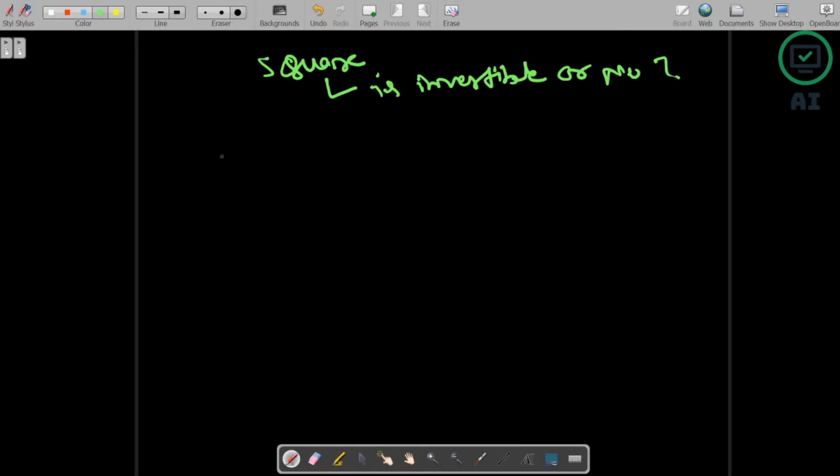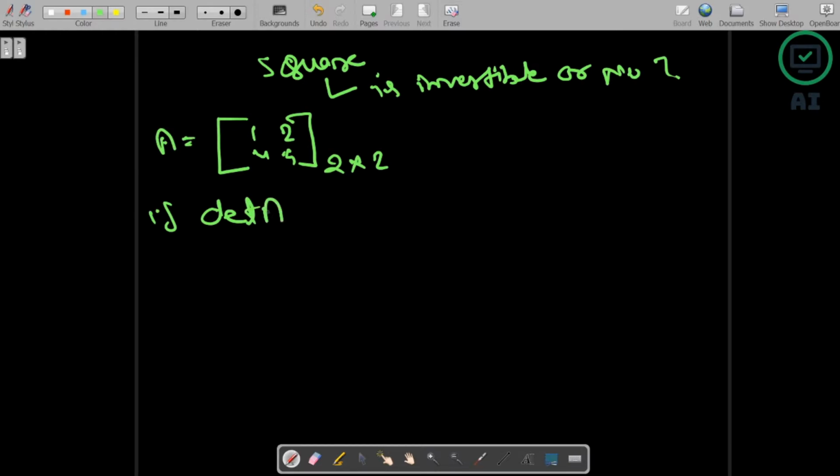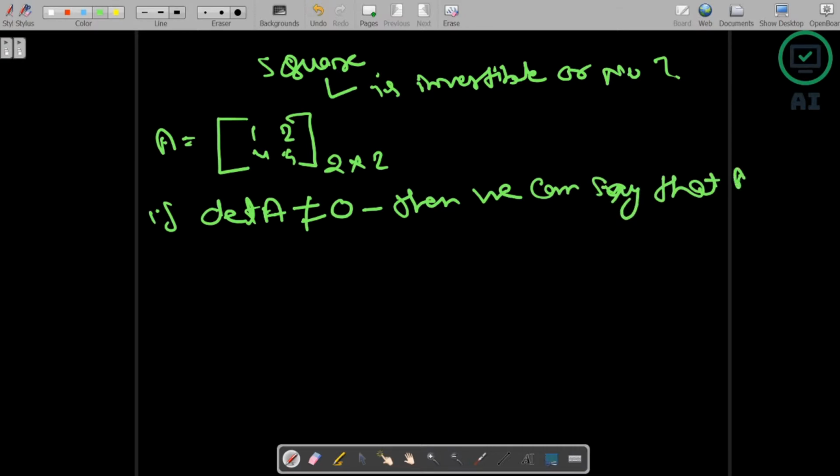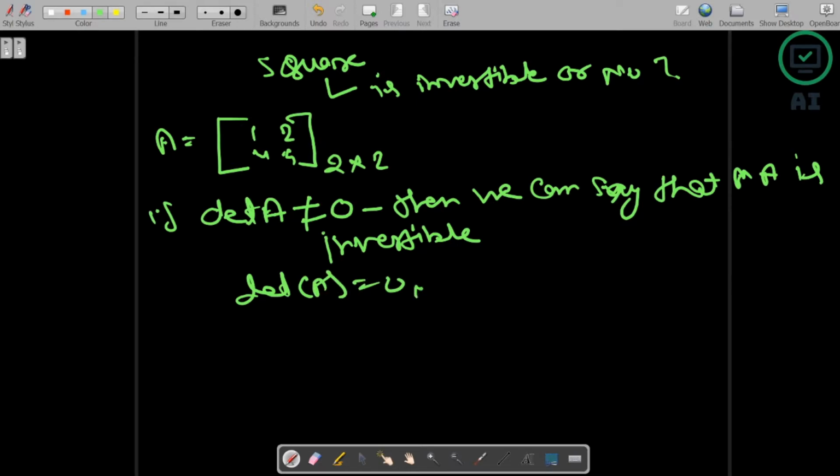In the last video we have seen that if you have any 2 cross 2 matrix A, and if the determinant of this particular matrix A is not equal to 0, then we can say that matrix A is invertible. If the determinant of A is equal to 0, then it is non-invertible.